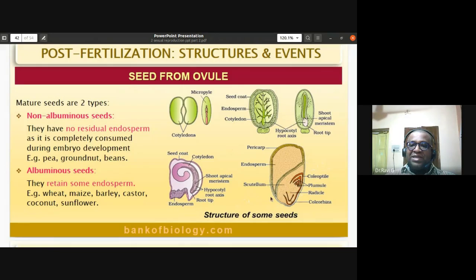In the monocotyledonous seed, you find the scutellum, which is the cotyledon. The plumule is protected by the coleoptile, and the radicle is protected by the coleorhiza. The endosperm and the embryo are demarcated by a proteinaceous layer called the aleurone layer. Maize is the example taken here.